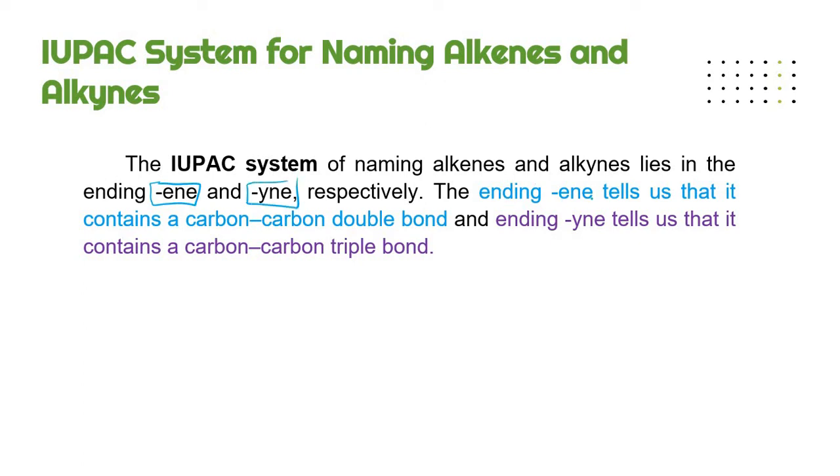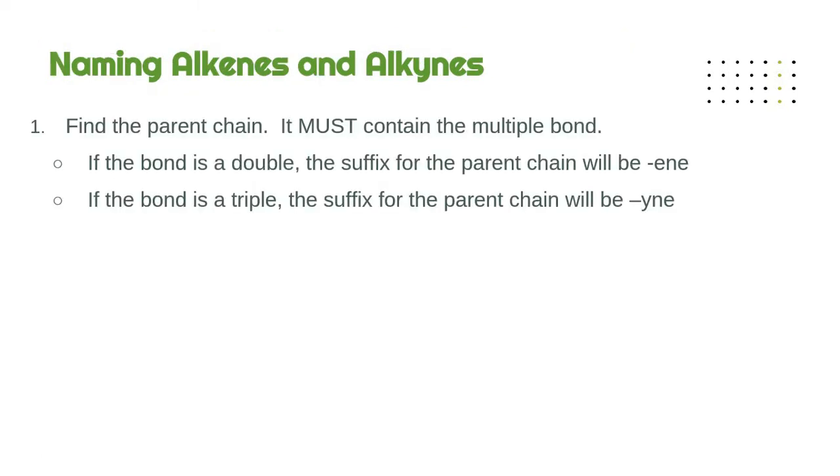If the ending -ene is there, it tells us that it contains a carbon-carbon double bond, and the ending -yne tells us that it's a carbon-carbon triple bond. Okay, first, find the parent chain. The parent chain must contain the multiple bond, even if it's a little shorter. If you can find a longer one, but it doesn't include your multiple bond, you are wrong. So the multiple bond must be included.